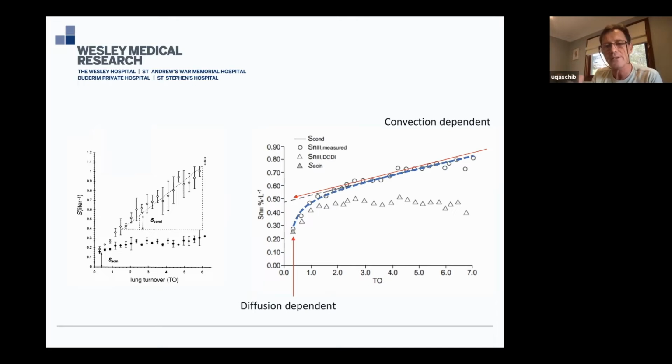So that's a comparison between normal lung and convection maldistribution affected lungs. You can see that the triangle and the circles are matching. That means the diffusion dependent differences are not occurring, where the convection dependent are quite dominant.